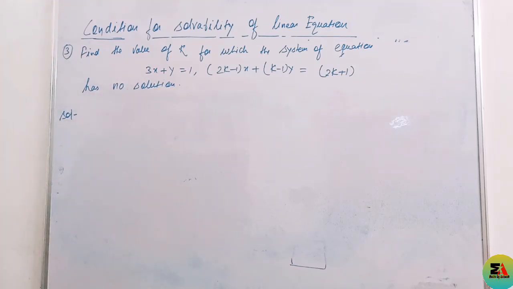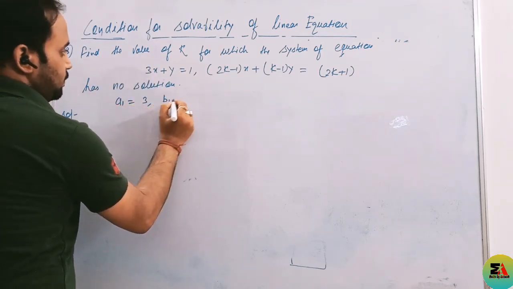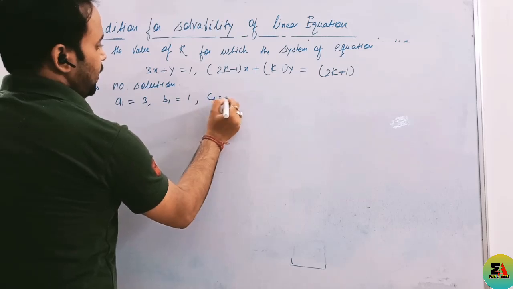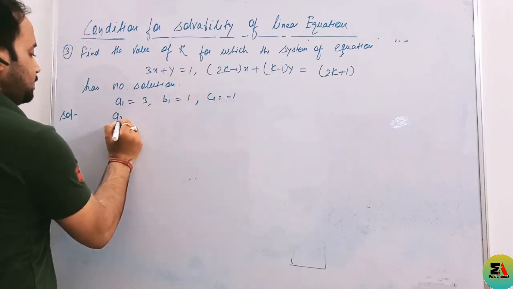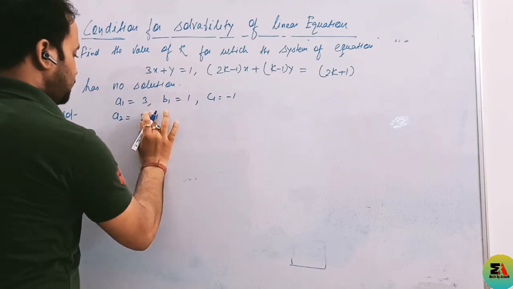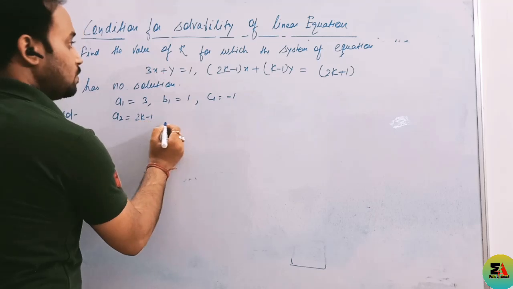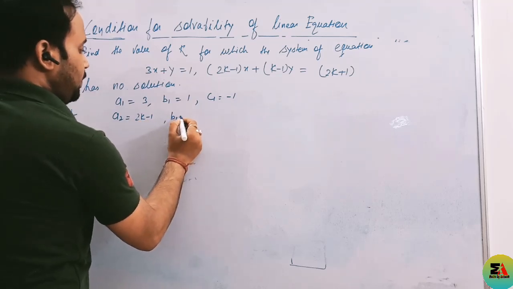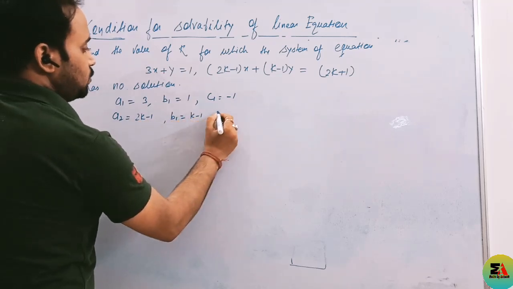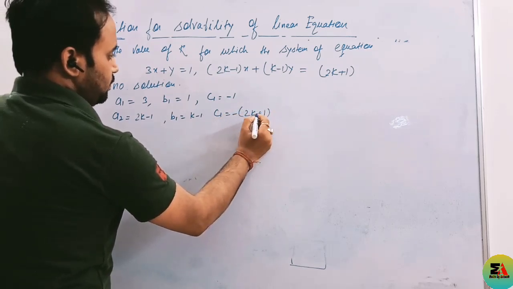Proceed in the same way. First we write the coefficients. a1 is 3, b1 is 1, c1 is minus 1. Same as a2 is 2k minus 1, b2 is k minus 1, c2 is minus of 2k plus 1.